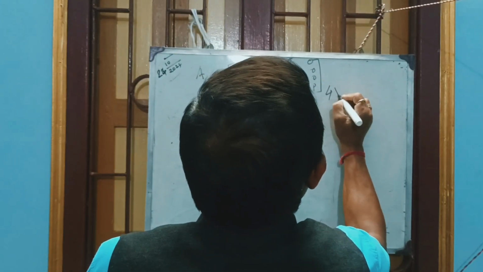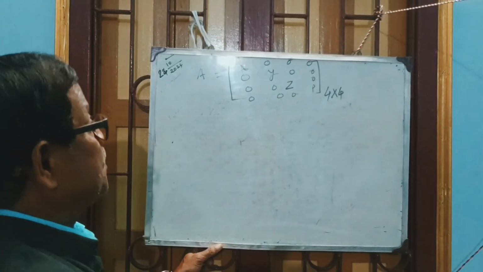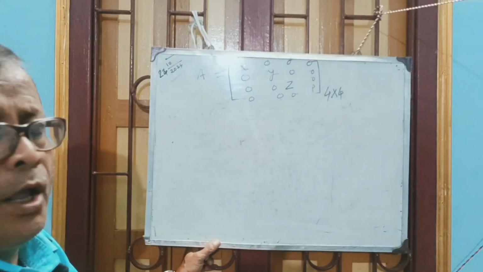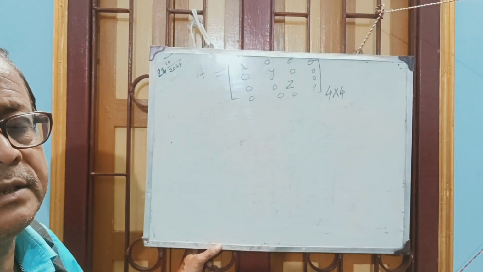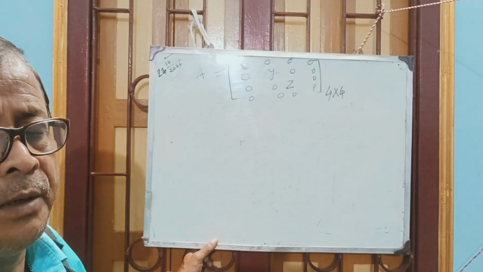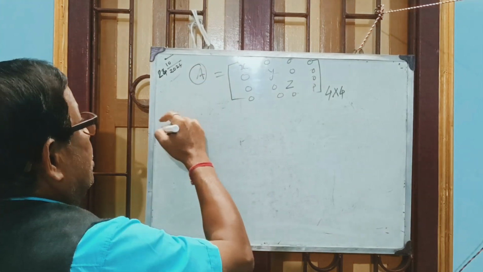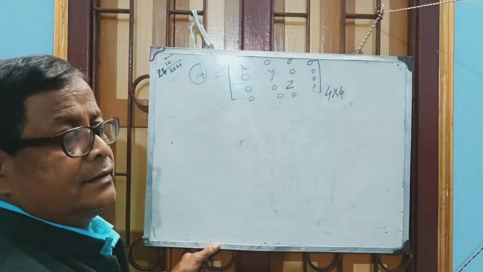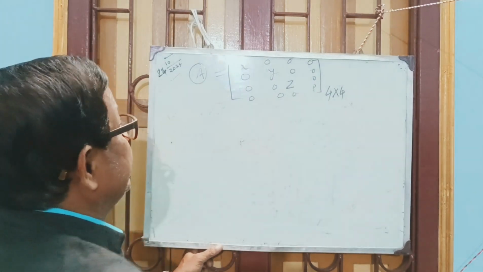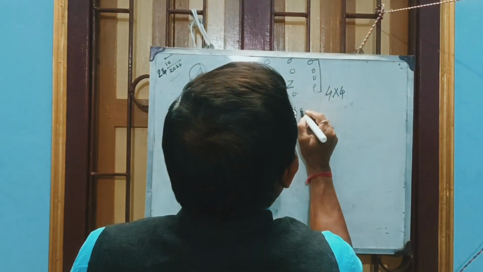The number of rows is the number of columns, so it is a square matrix. If all the elements of a square matrix A are 0 except the diagonal terms, that is called a diagonal matrix.